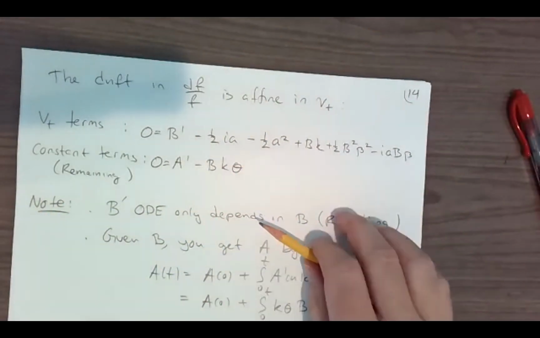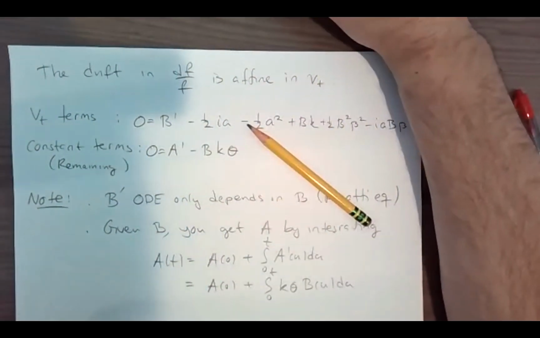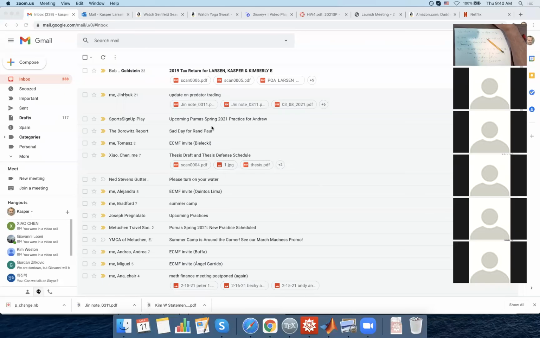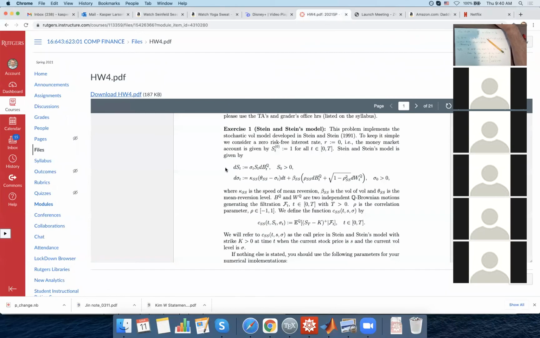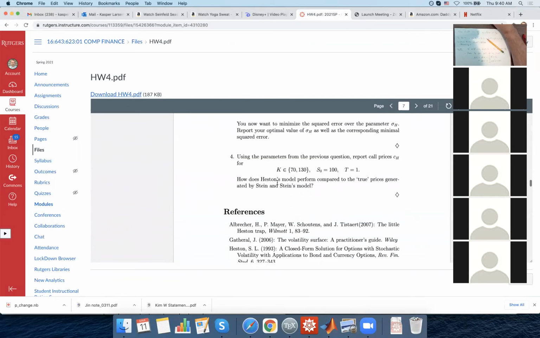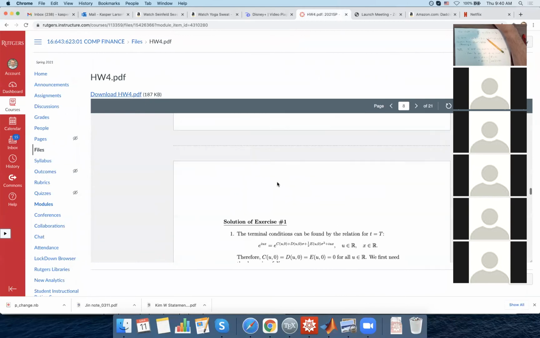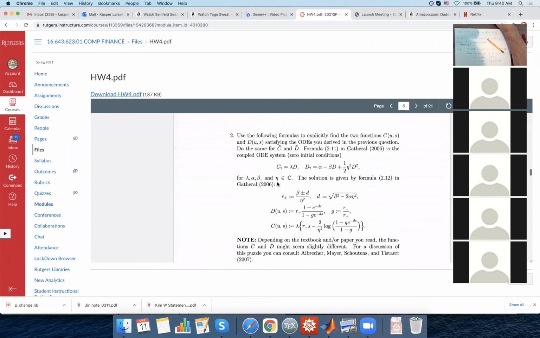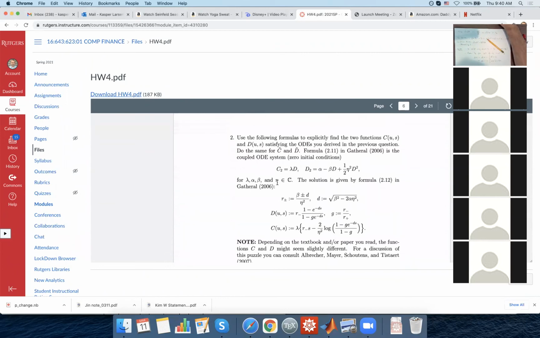And already in your homework, let's just have a look at it. This year's homework number 4. See if I put in the solutions in there somewhere. There we go.